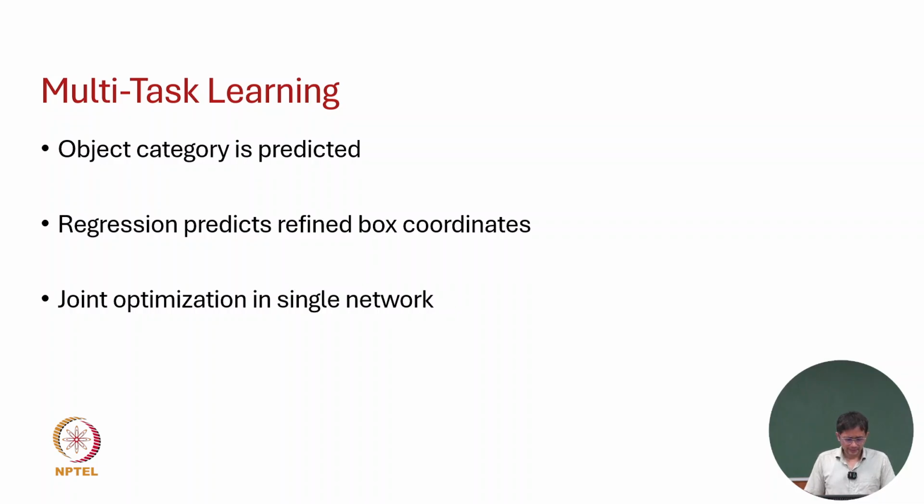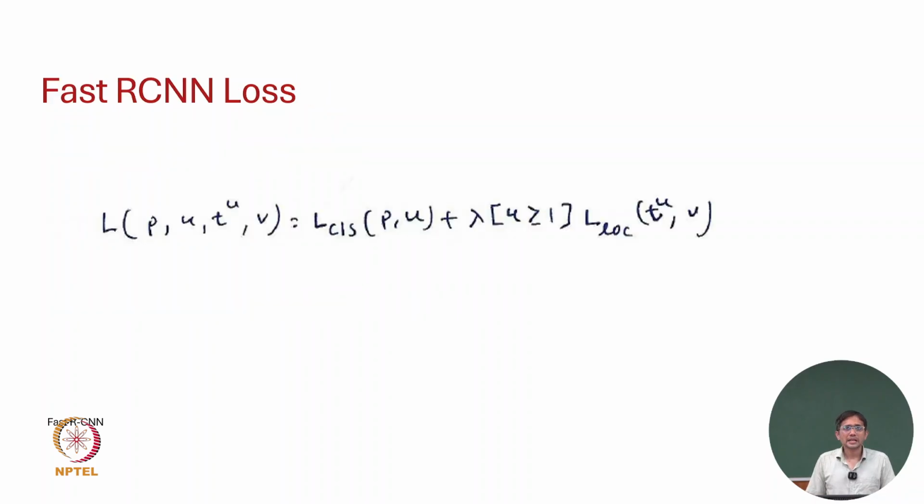Again, try to understand what we were doing in the case of RCNN. We were training SVMs for each of the classes, separate SVMs, right? So here it's very different. So the Fast RCNN loss we can conceptualize as a summation of two terms, one dedicated to the classification and the other dedicated to bounding box regression. Here we also see two terms, lambda and u greater than or equal to 1. So what are those? We will discuss soon.